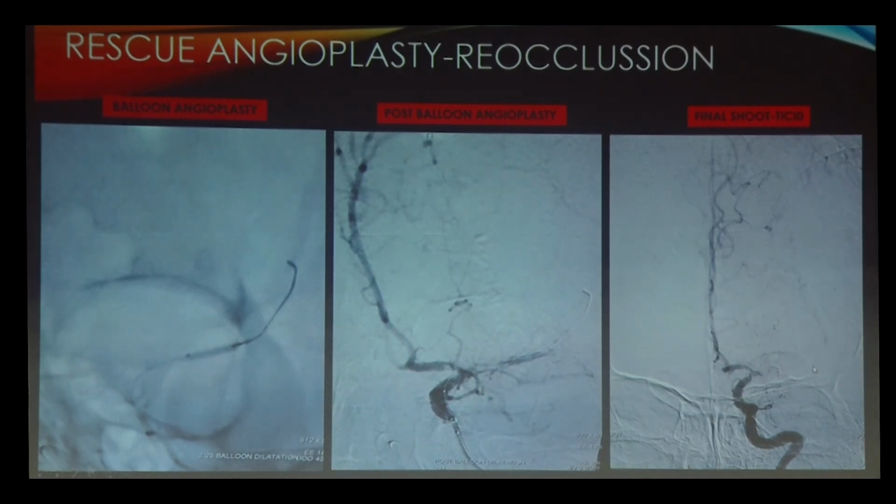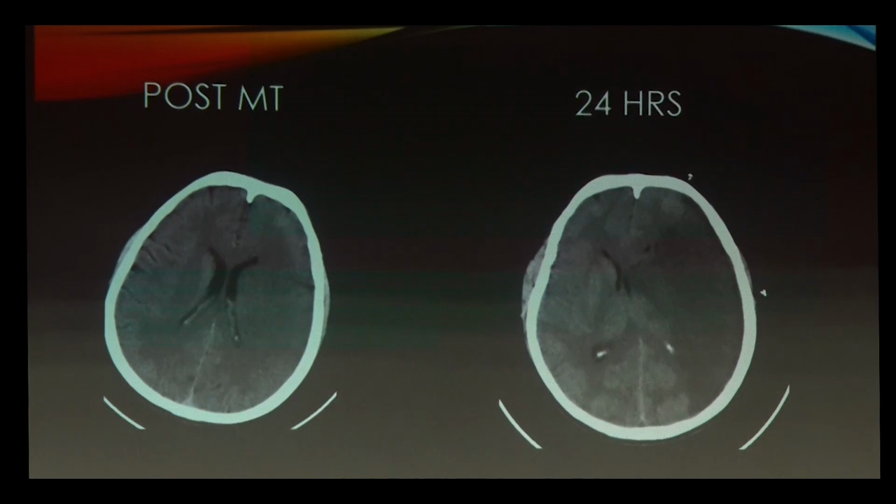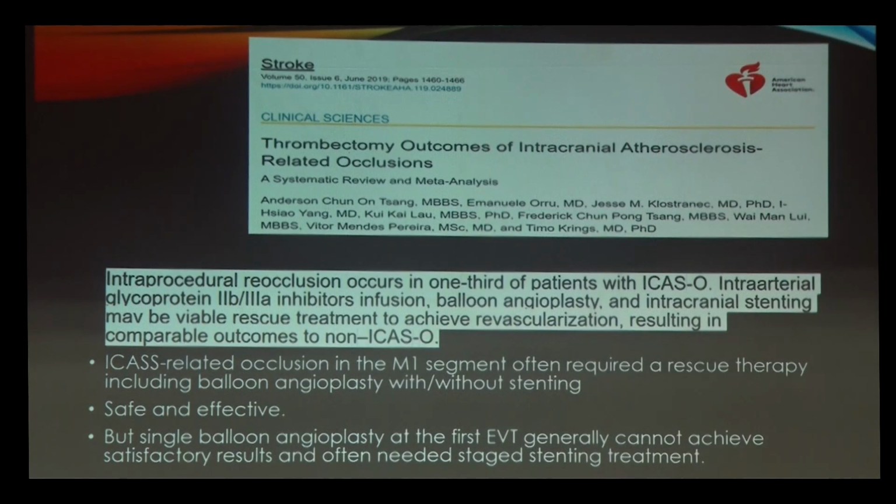So these are the cases where there can sometimes be futile recannulations, which we will not be able to achieve in spite of whatever therapy is available right now. So in patients with intracranial tight stenosis, whenever we do a balloon angioplasty as a rescue therapy, usually the recannulation improves, but there are still certain cases where we will not be able to achieve complete recannulation.